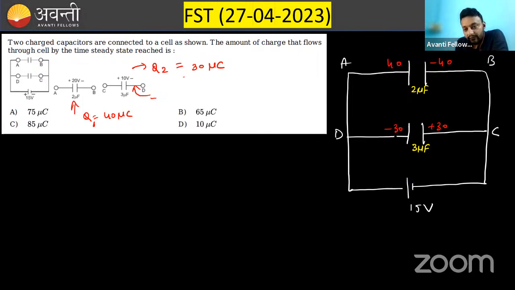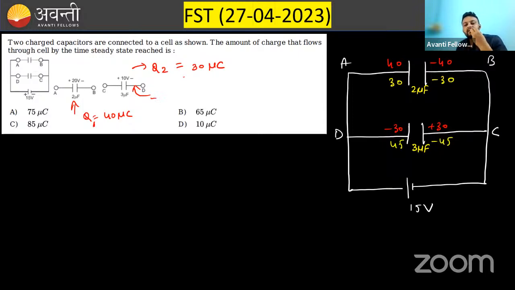Now, the new charge on the first capacitor is 30 microcoulomb, this is minus 30, this is 45, this is minus 45. Clear?